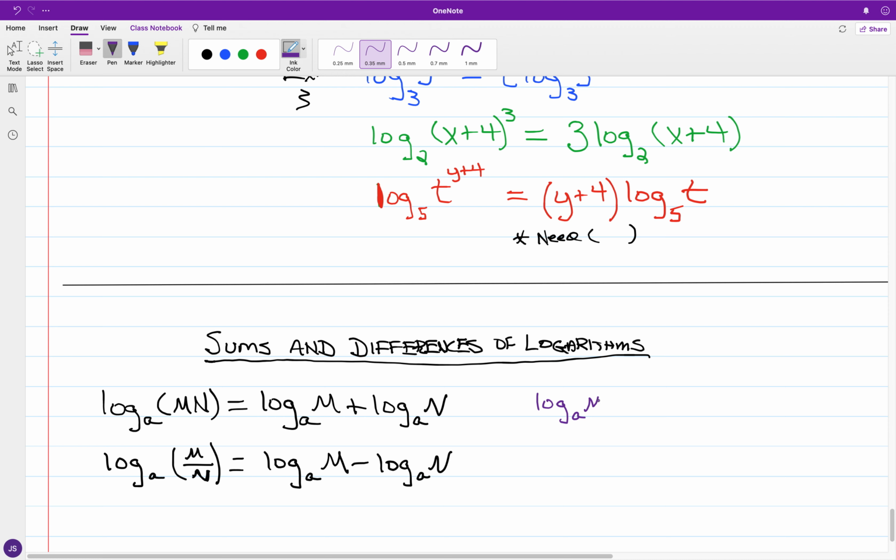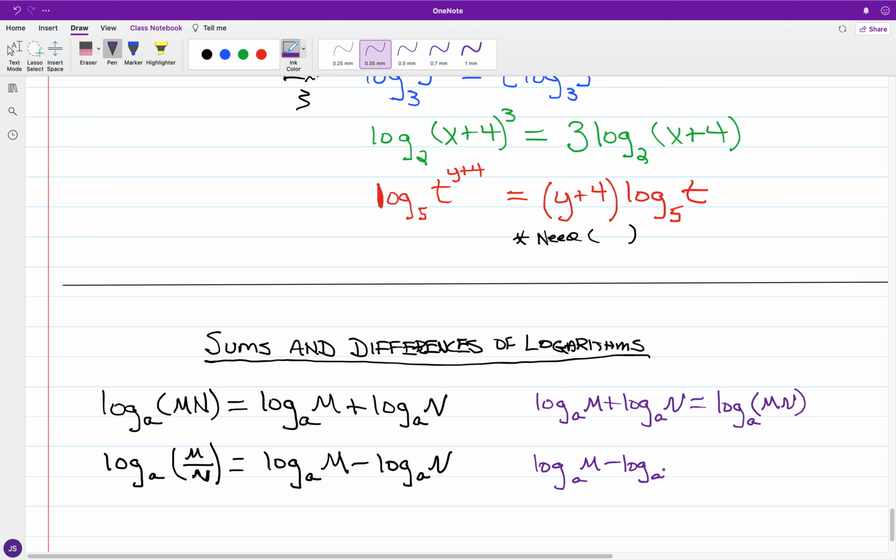So if I have a sum of logarithmic terms in the same base, now I'm looking at uniting separate logarithmic terms in the same base. Now addition is going to imply multiplication of the attachments. Same thing here. For the difference of logarithmic terms, this will imply division between the attachments.